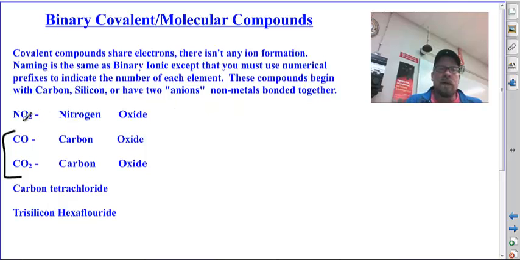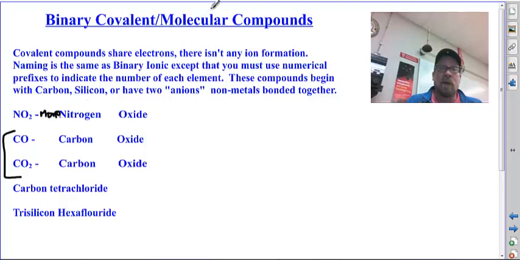So what I would do then is say, well, that's one nitrogen, and technically then I would take the term mono, which is the word for one, and mono. The one exception to the rule is on the very first element I never have to use that term.